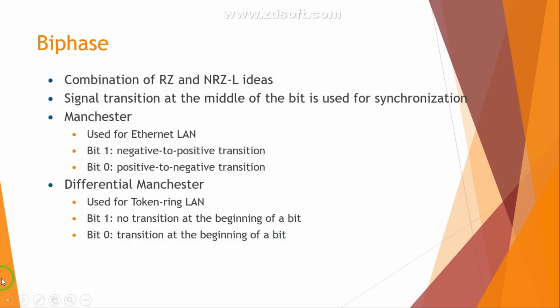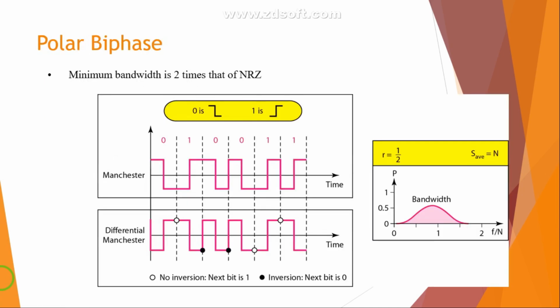Now you will get the idea from this waveform. Manchester: see, 0 is represented by a transition from positive to negative, guys, since it is polar. And logic 1 is represented by a transition from negative to positive.